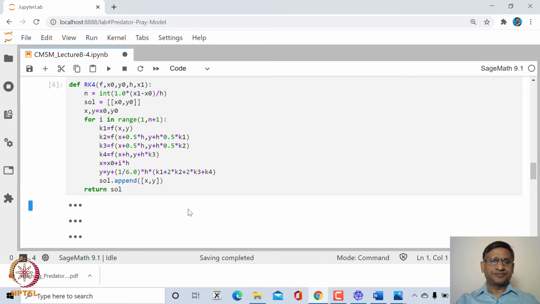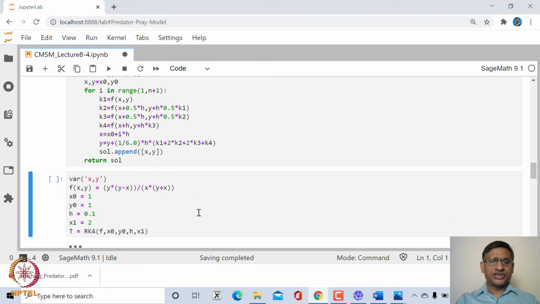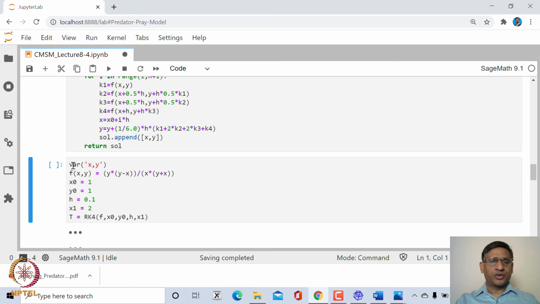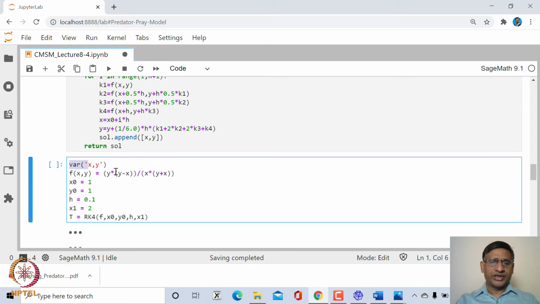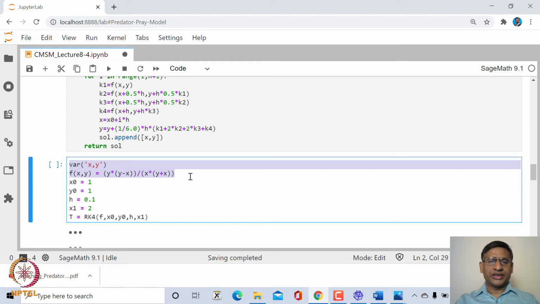So this is simply a Python program, and now let us use this to solve a differential equation. dy by dx is equal to y into (y minus x) divided by x into (x plus y). This we have already solved in the last lecture.